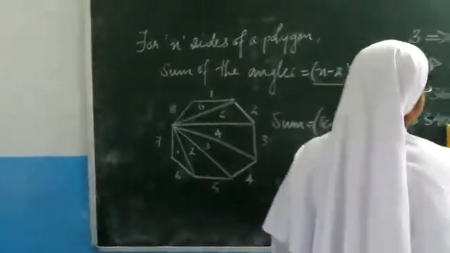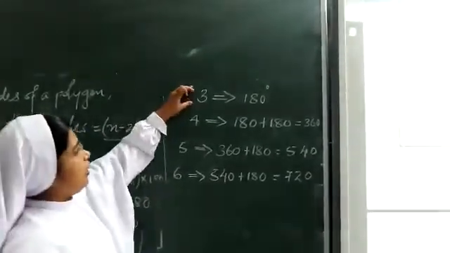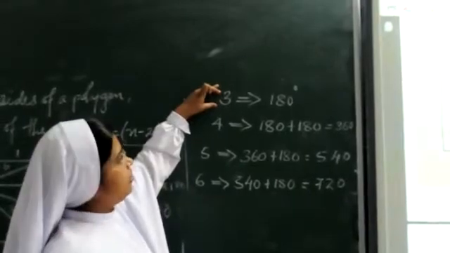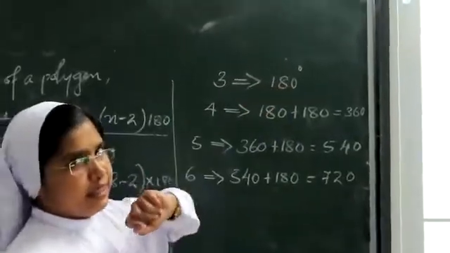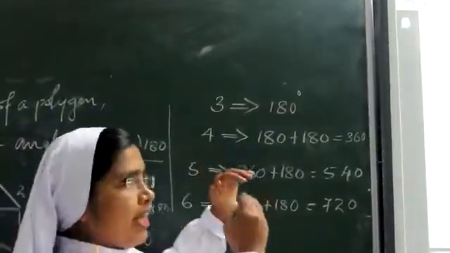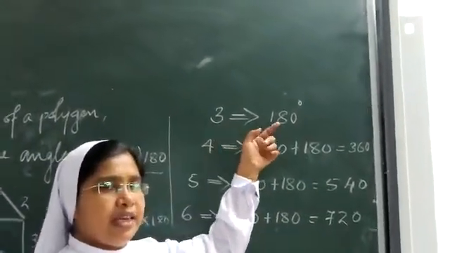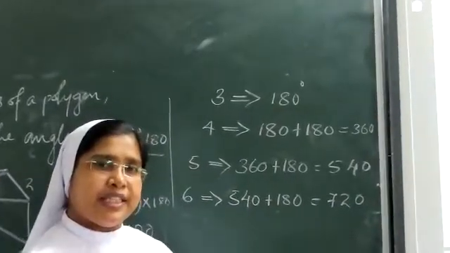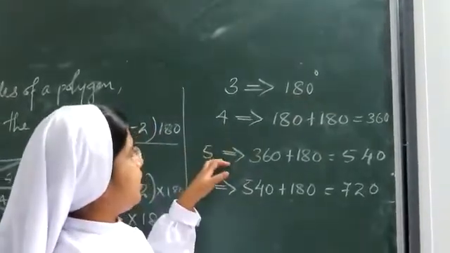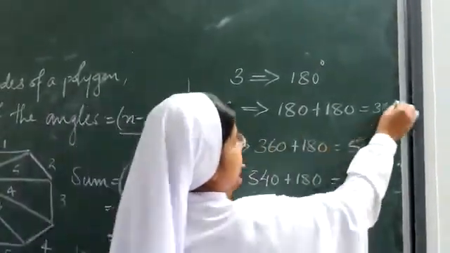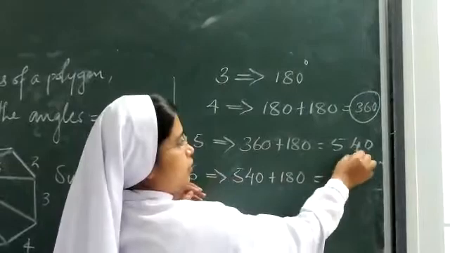Now you look here. When there are 3 sides, that means a triangle, the sum is equal to 180. 4 sides means 180 plus 180. Each time as the number of sides increases, you add 180. With 5 sides, from 4 sides we got 360, so 360 plus 180 is equal to 540.